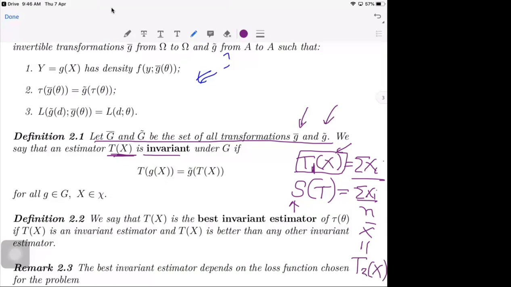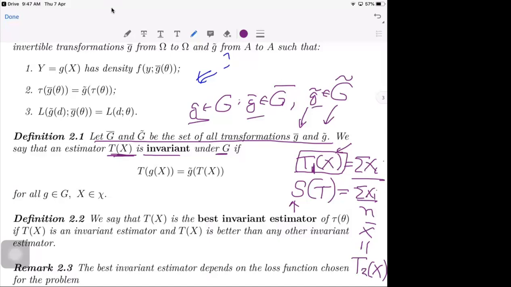So any transformation on your data X or in your observations X is invariant under this group of transformation G. So our group of transformation G can be G bar an element of G bar, or G tilde an element of G tilde, or in general, G an element of G. So G can be G bar, can be G tilde.